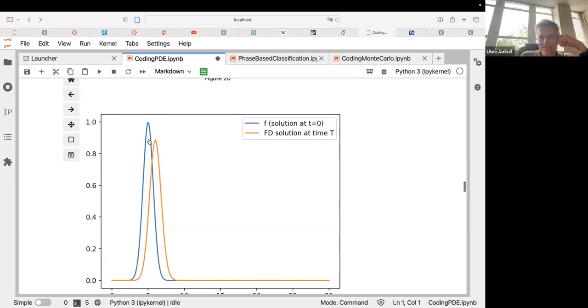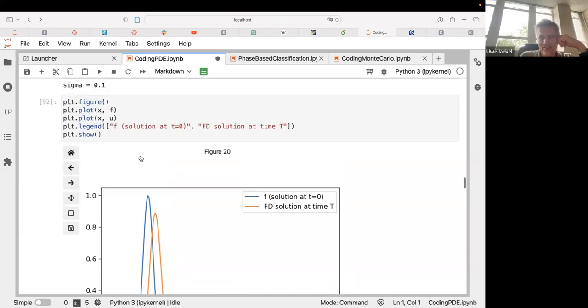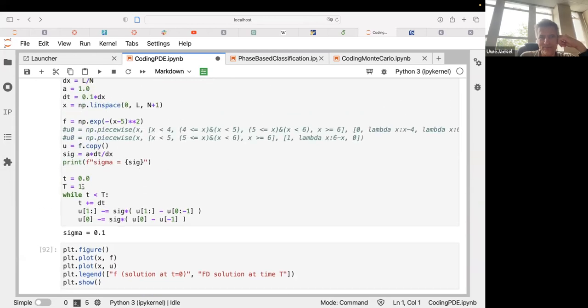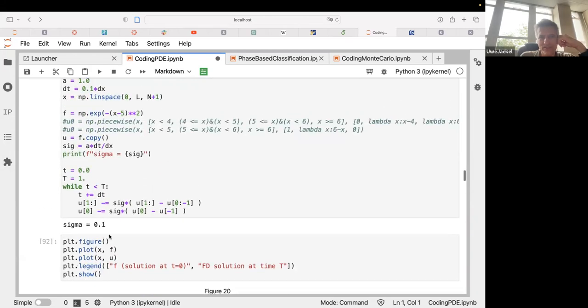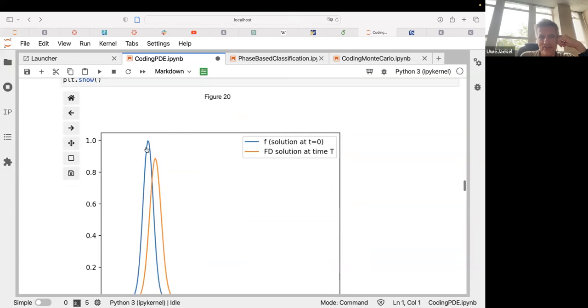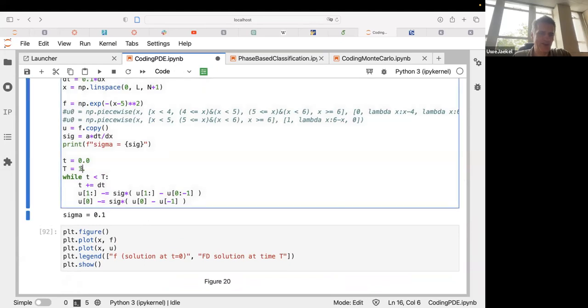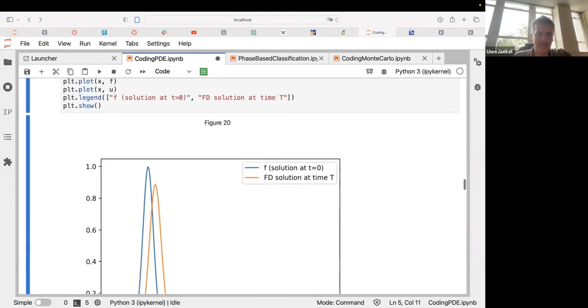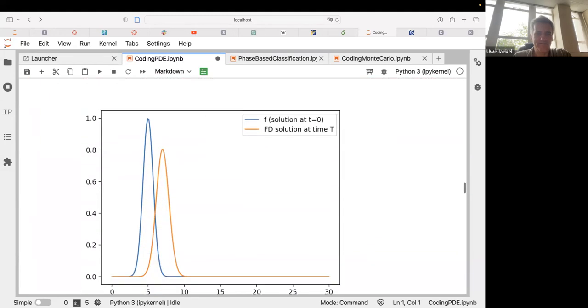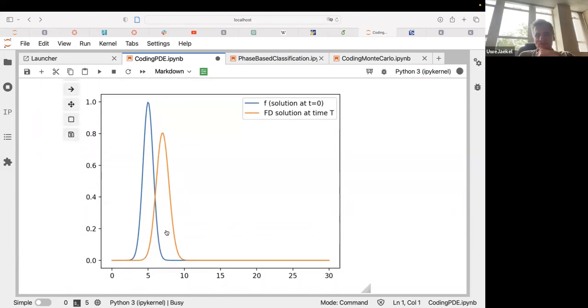You see, for one time step, the peak has moved by 1, but the solution has become wider. Let's do 2 time steps. Maybe it's a little bit better to see then. The solution has definitely widened. I think this is very clear to see with the naked eye.